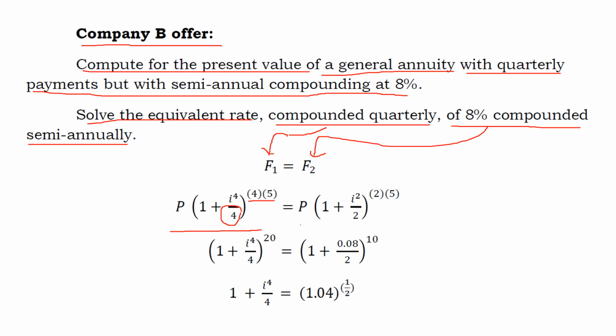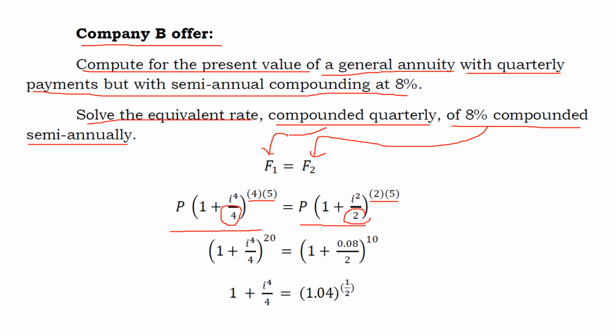And for F2, that is P multiplied by (1 plus i over 2) raised to 2 times 5. Why do we need to divide it by 2? Because there are 2 sets of 6 months every year. So this will be your 2 as your denominator here. Then for your exponent, that will be 2 multiplied by 5.